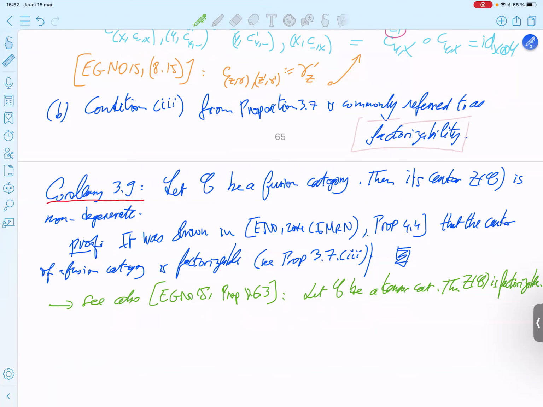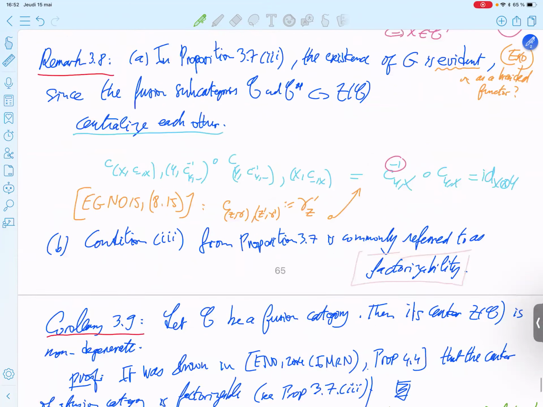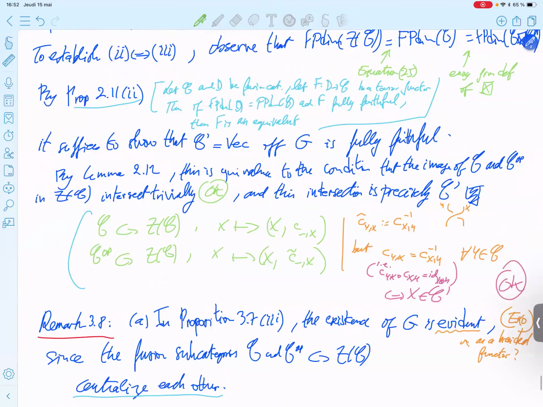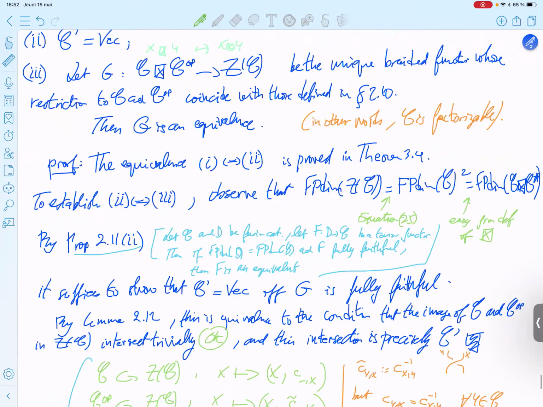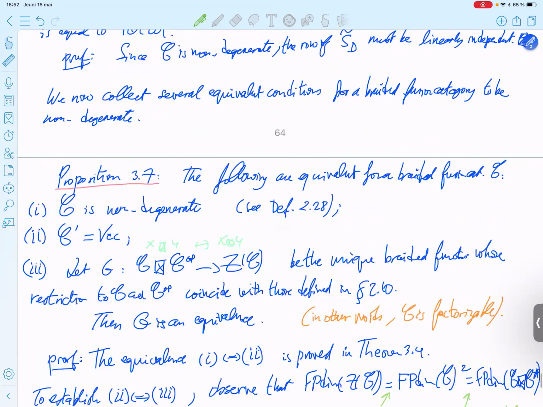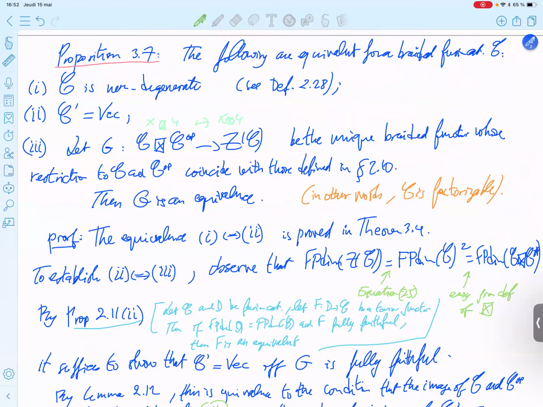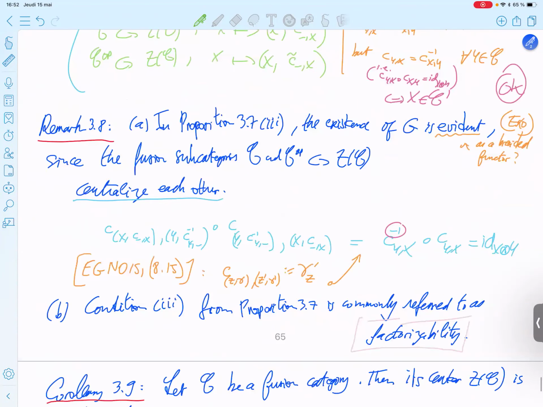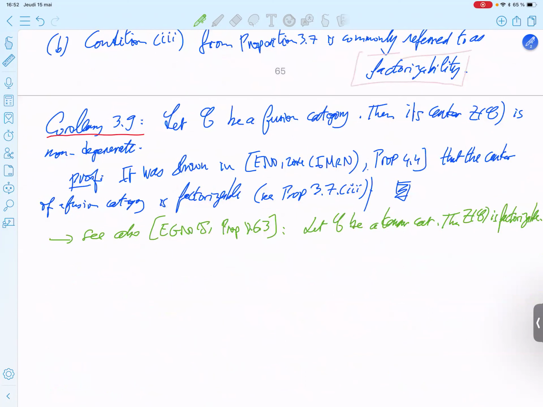But that's nice because then you see the notion of factorizable does not require the category to be finite. So it seems that the most efficient definition, if you want to generalize to the non-finite case, is factorizable.